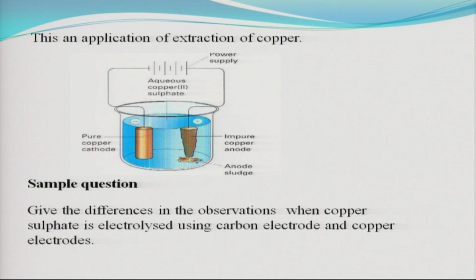So we have a simple question here, which can help you to understand what we are doing. It's saying give the differences in the observation when copper sulfate is electrolyzed using the carbon electrode and the copper electrodes.